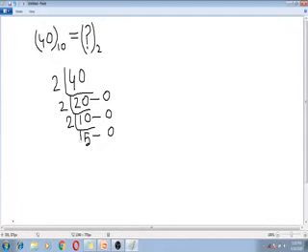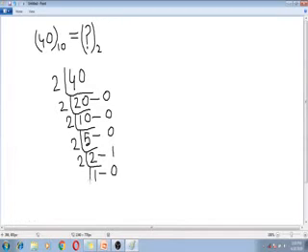So again divide this 5 by 2. The quotient will be 2. The remainder will be 1. Again divide by 2. The quotient will be 1. The remainder will be 0.